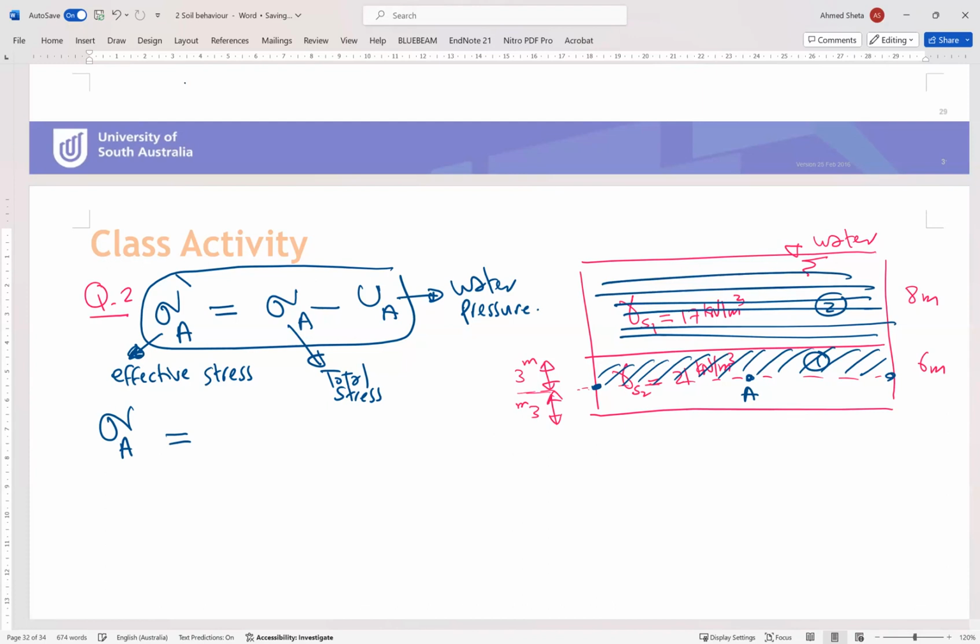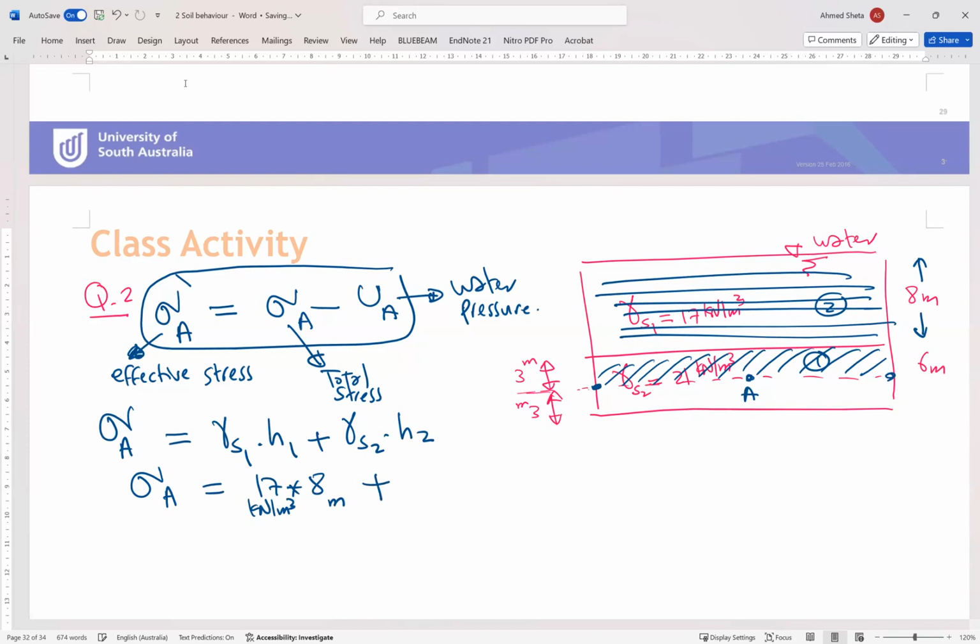The first one is gamma soil 1 times H1 plus gamma soil 2 times H2. So sigma A will be 17 kilonewton per cubic meter times 8 meters, the total height of the first layer, plus this part, half of the layer, because we need to find it in the middle of the layer.